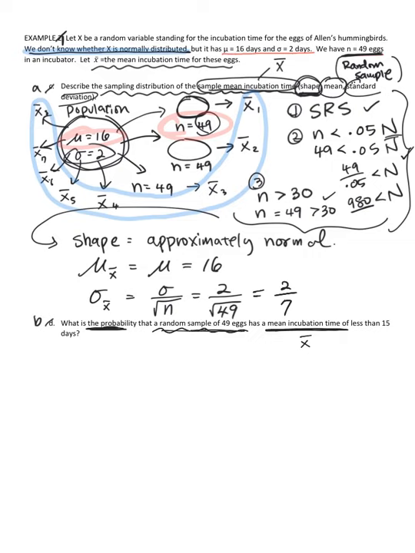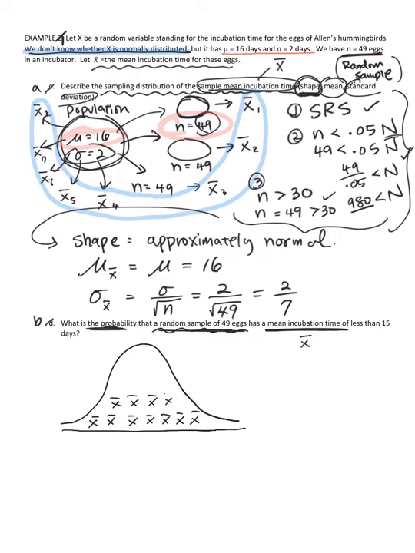Because we're talking about a random sample of 49 eggs, so we're talking about the sample mean, not mu. We're talking about the sampling distribution of sample means. We have a bunch of x bars in this distribution, and each x bar represents the average incubation time of 49 eggs.